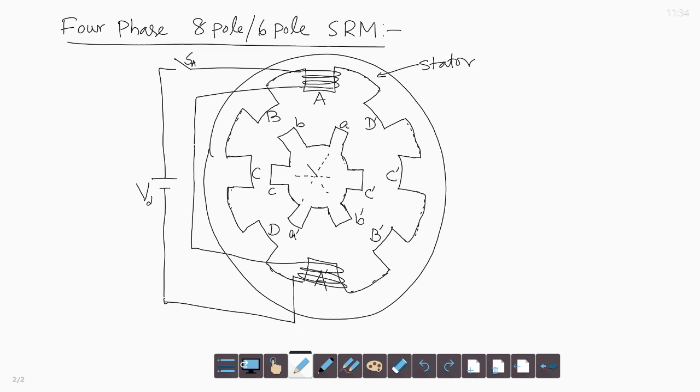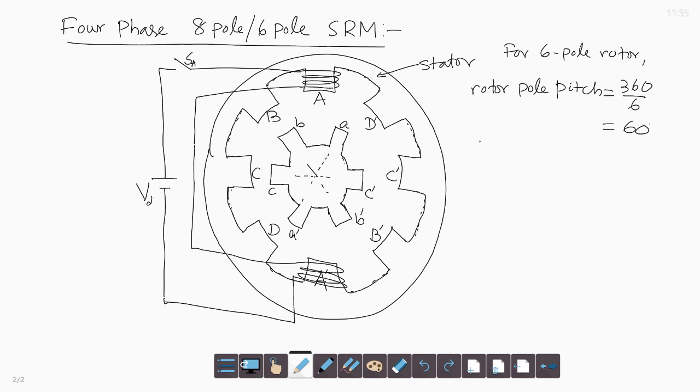So, as you can see in this figure, for a 6-pole rotor, the rotor pole pitch is 360 by 6, that is 60 degree.